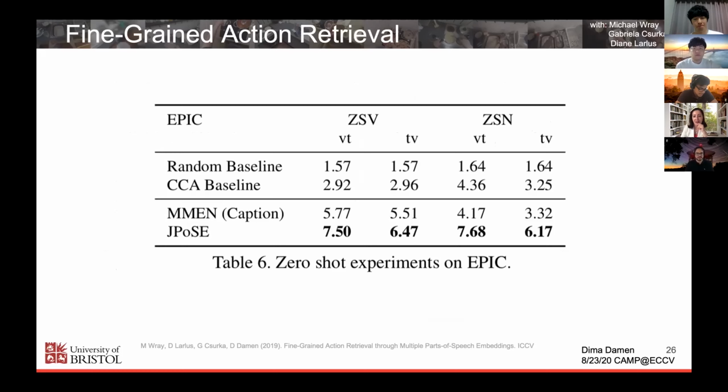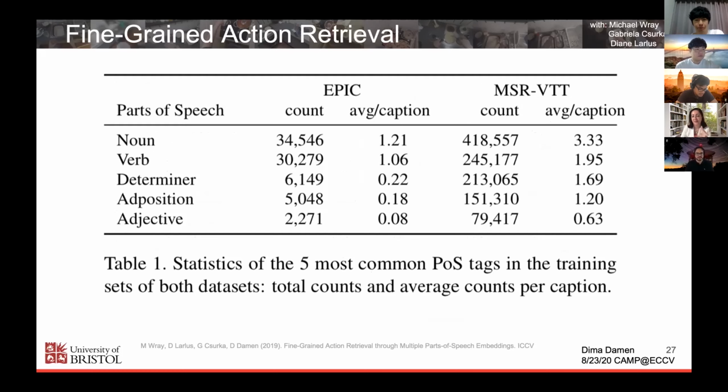We also analyzed these parts of speech for Epic Kitchens, as well as another data set commonly used for action retrieval called MSR-VTT, looking at the part of speech and how they represent things. Epic is very much verb-noun oriented, but other data sets have other things like adjectives or determiners. And we've shown that also for MSR-VTT, these multi-part-of-speech projections consistently achieve better performance.